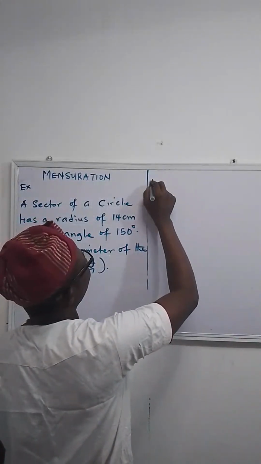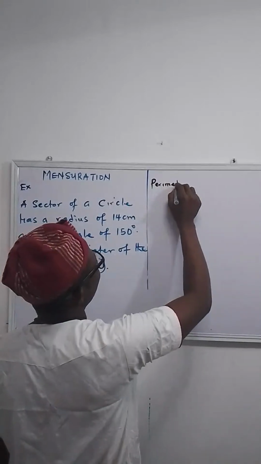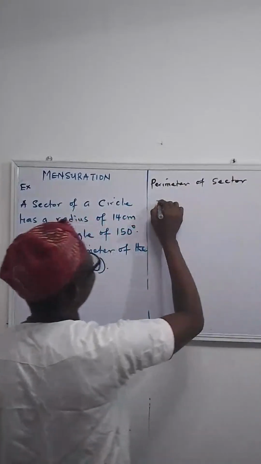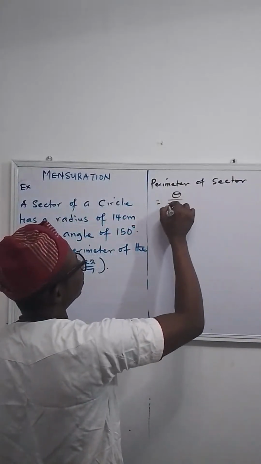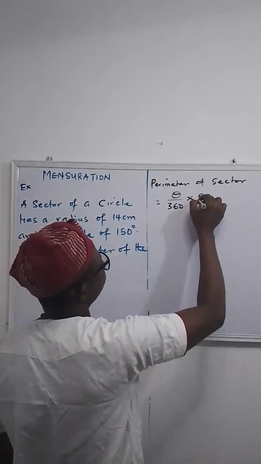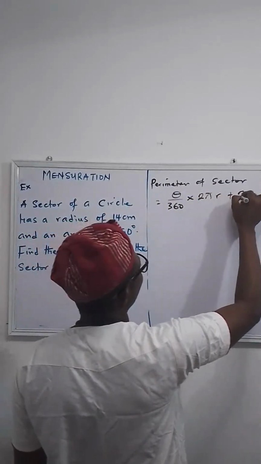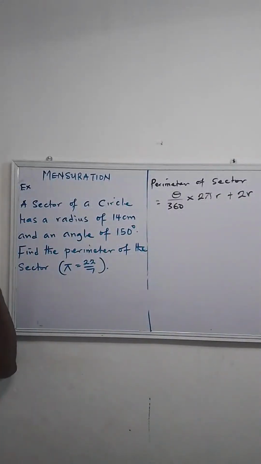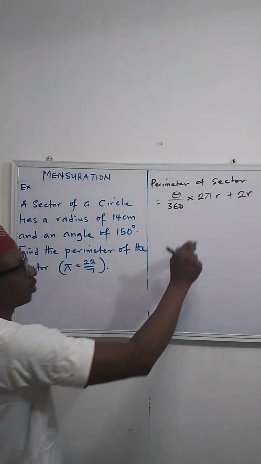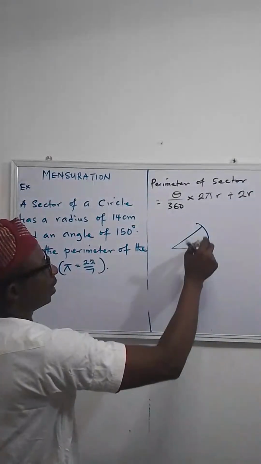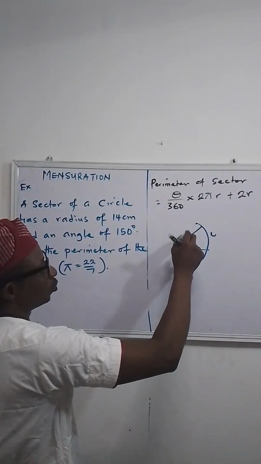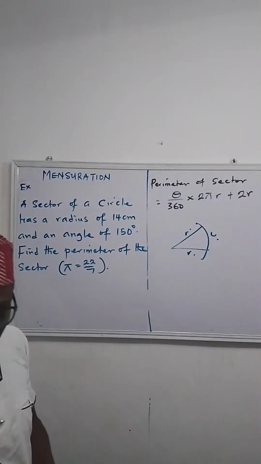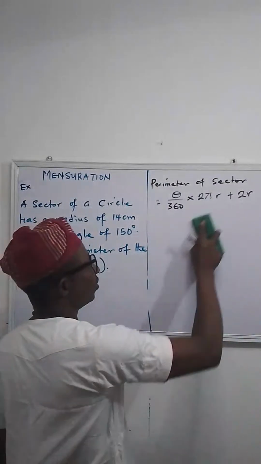We have perimeter of sector equals to theta over 360 times 2 pi r plus 2 radii. So this is the formula for calculating perimeter of a sector. Don't forget, a sector looks like this. Now we have length of arc L plus 2 radii. So you add this and this together. So I want to believe you still remember how we derived the formula.